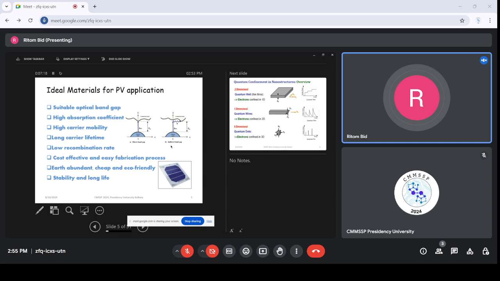And there is some technical part. If we are fabricating any device, the fabrication process has to be cost effective, and you know about any technology in recent times, any technological development should be environment friendly. So the materials should be environment friendly, should not contain any toxic elements, and be eco-friendly.